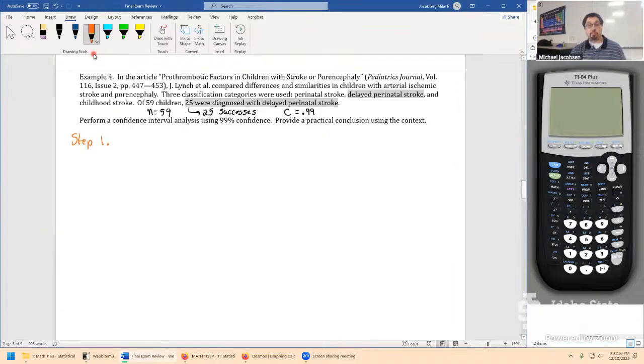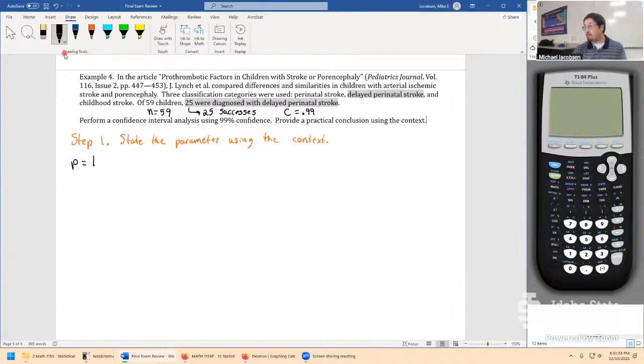This is a confidence interval problem, so we don't need hypotheses. We just need a parameter. So we'll say for step 1, state the parameter using the context. The data is categorical, so don't let me make that mistake again. It's P for the parameter, not mu.